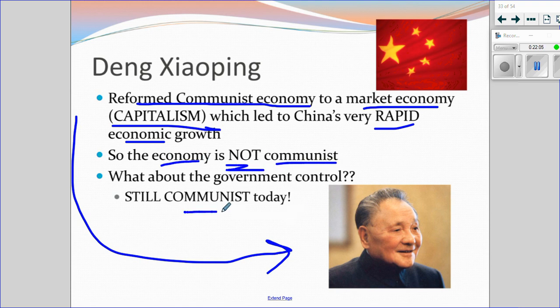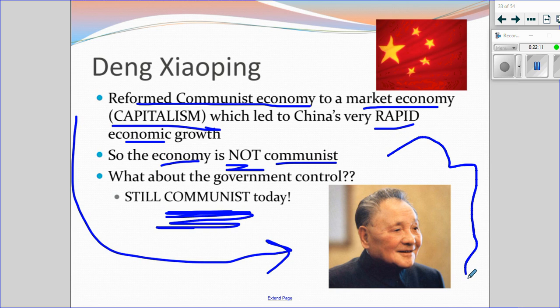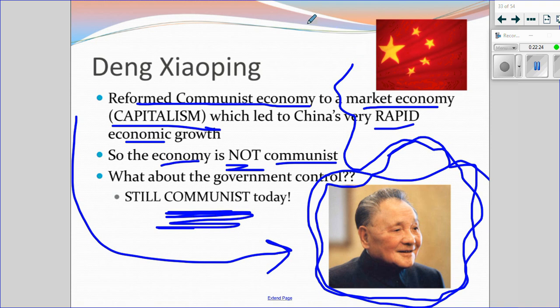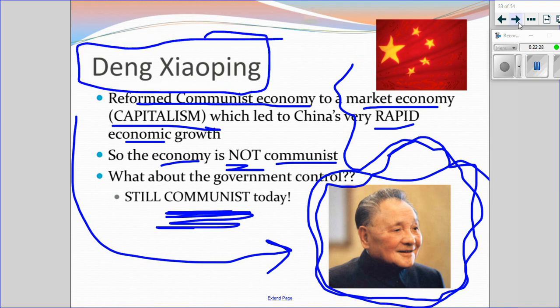The government is controlled by the Communist Party, but the economy is not communist. So China is not really technically communist, technically speaking. They sort of have a weird blend of command economics and free market capitalism, mostly free market capitalism, but they're definitely not a communist state in the true sense of the word.